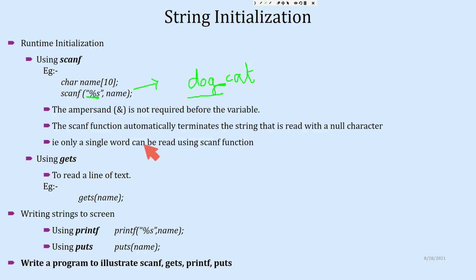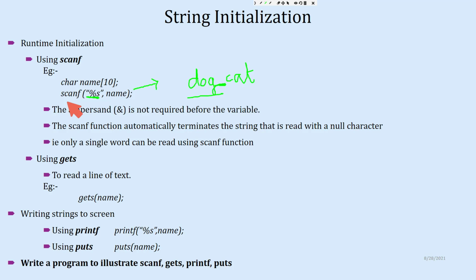That is, only a single word can be read using the scanf function. So if you are reading only a single word, we can use the scanf statement. That is a disadvantage of using scanf. Suppose I want to read a string like "India is my country" and I am using scanf, it will only read India.